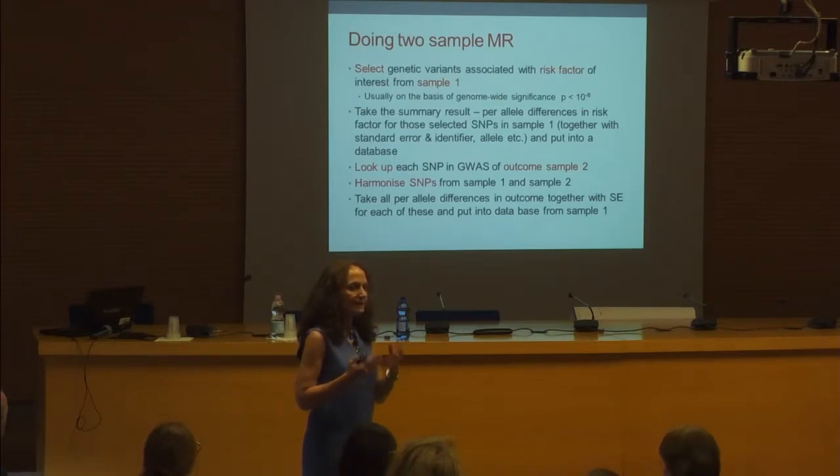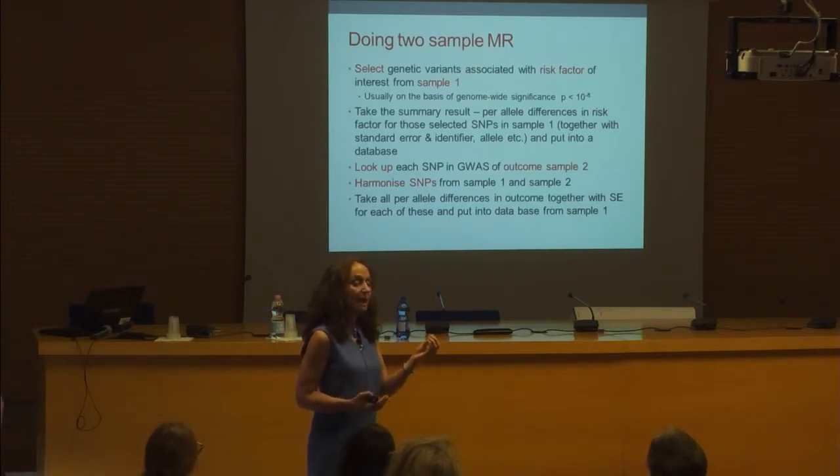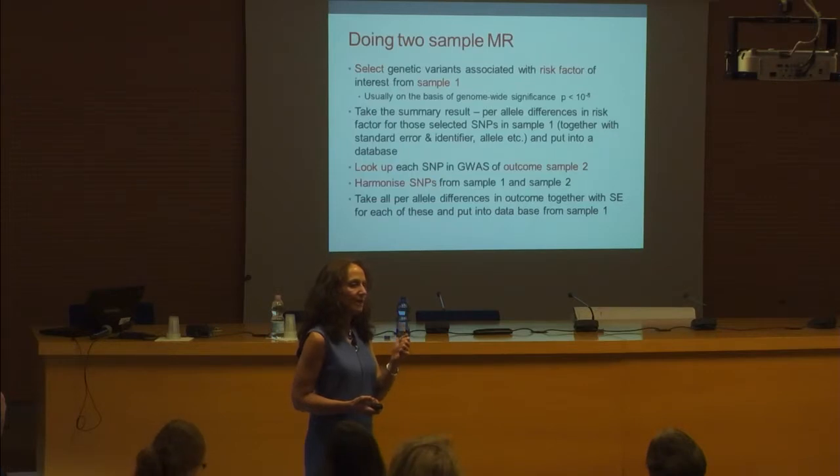In fairly simple terms, if you're interested in systolic blood pressure as a risk factor, you would go either to the consortia database or just look in the paper, because in the first sample, you select genetic variants in general that fit this criteria of being robustly related to your risk factor.